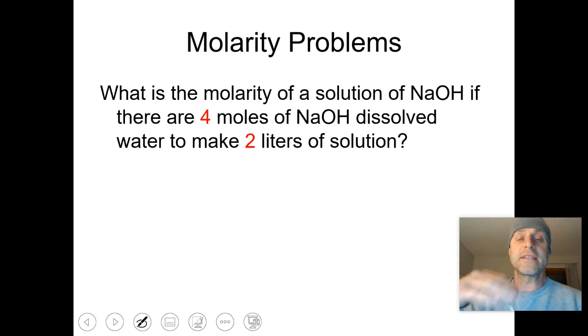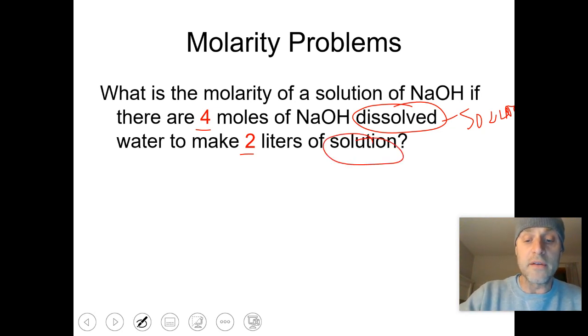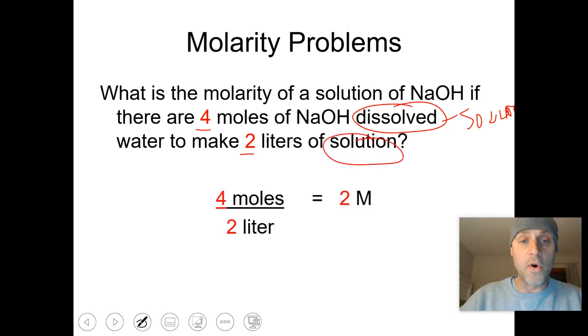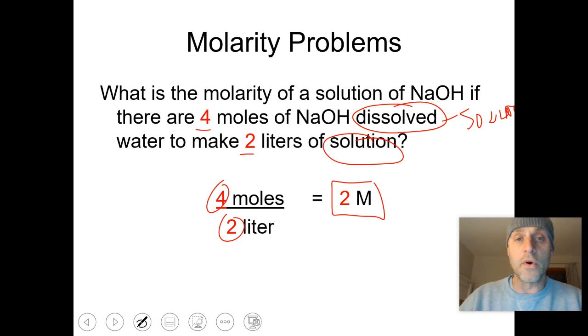Here's another one. Same exact question, but now it says 4 moles in 2 liters. Well, I take what's dissolved, the solute, over the solution. That's 4 moles over 2 liters. 4 divided by 2 is 2 molar.